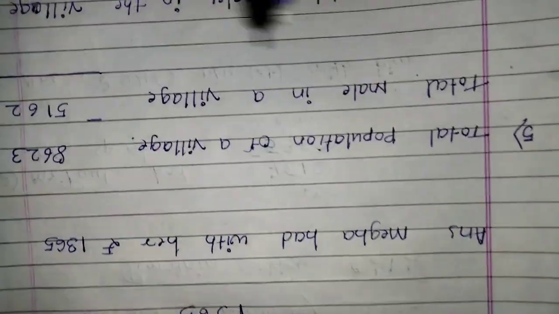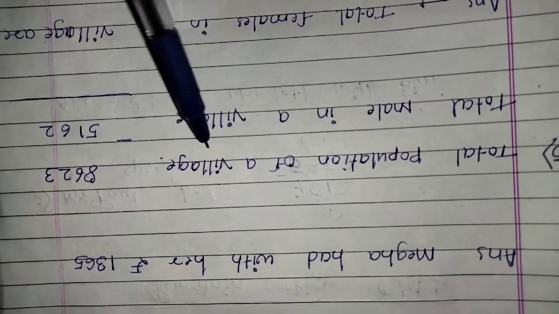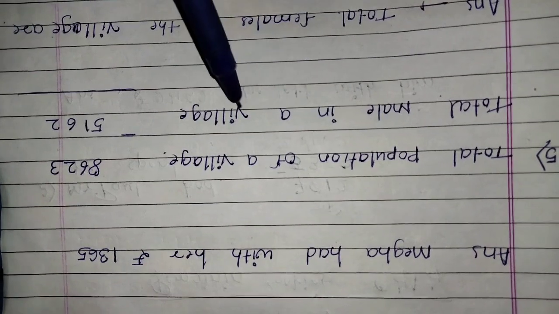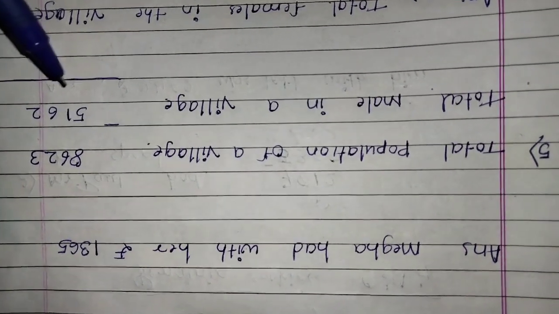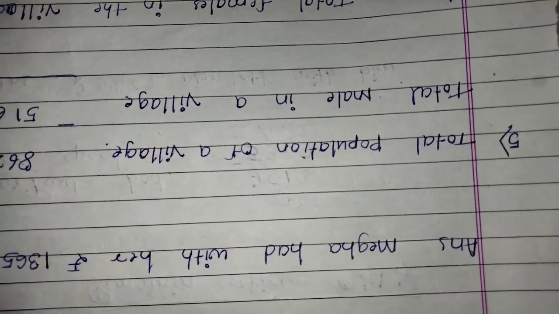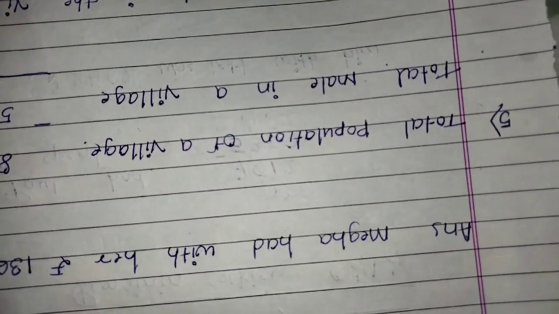Now we'll go for the solution. Total population of the village is 8,623. Total men in the village, males, will be 5,162. Now you have to do the subtraction. 3 minus 2, 1. 2 minus 6 we can't do.